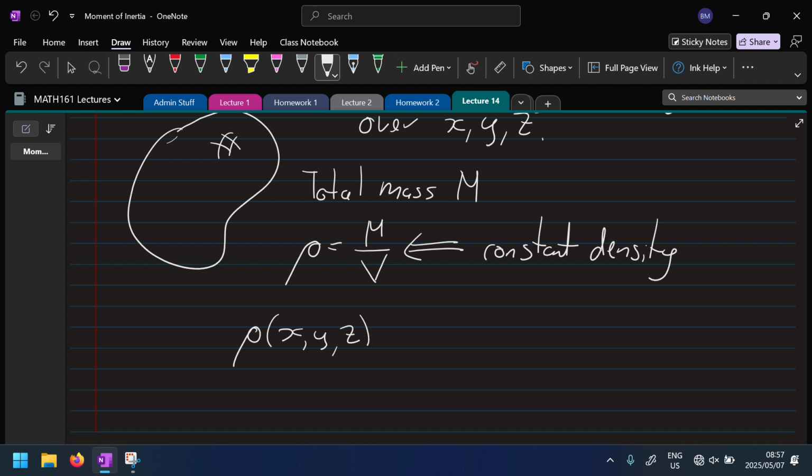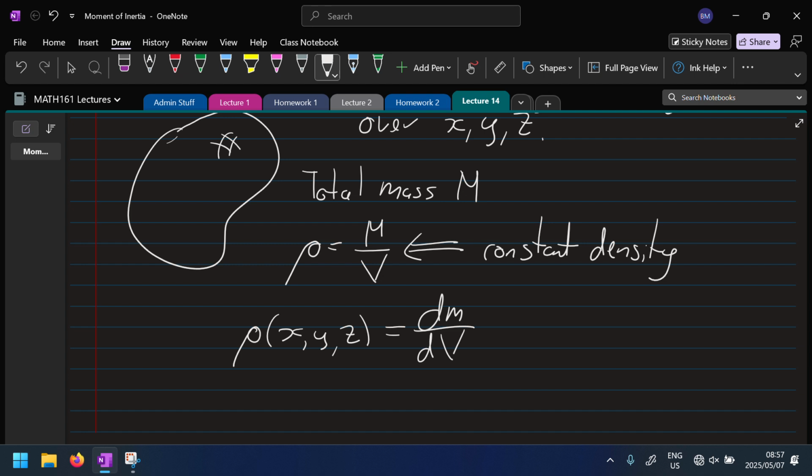The density could depend on if you're in the middle of the solid or towards the edge of the solid, you're going to have a different density. So now it depends on x, y, and z. This is now going to be equal to not just the mass divided by the volume. That's just the average density or the constant density. It's going to be dm by dv.